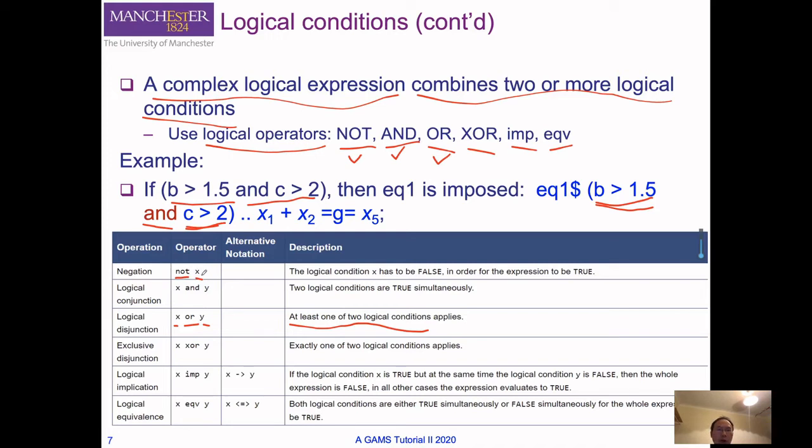If X is false, then NOT X is true. If we want the entire logical condition to be true, then the logical condition X has to be false. These three operators are used frequently in logical conditions. For others, we seldom use them, so we don't introduce them here. You can learn them by yourself.